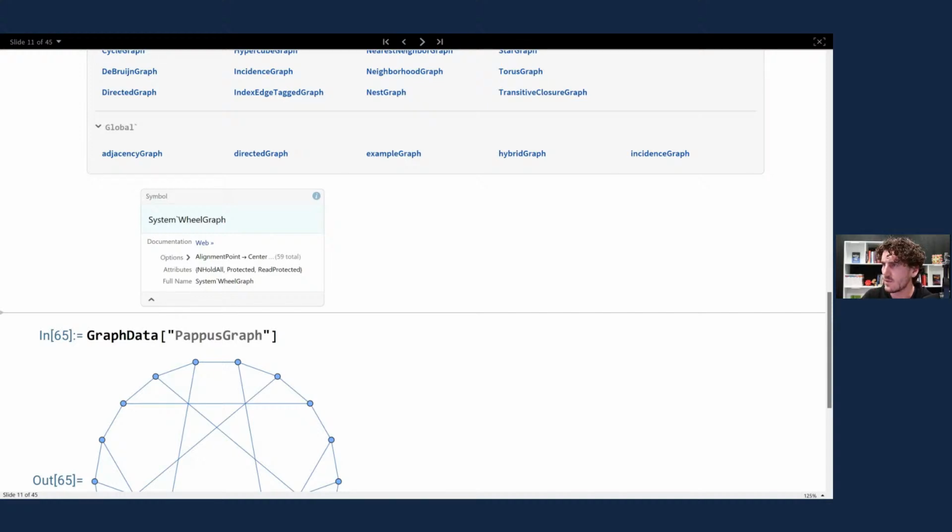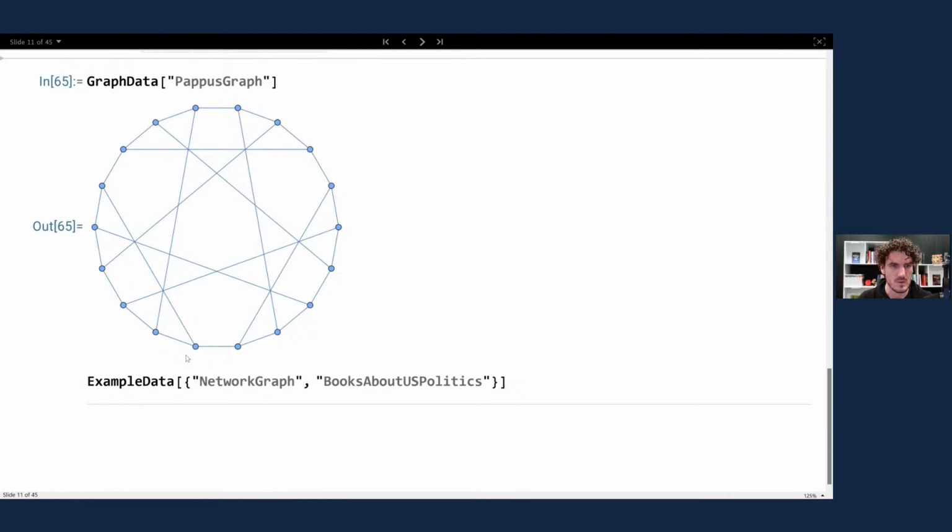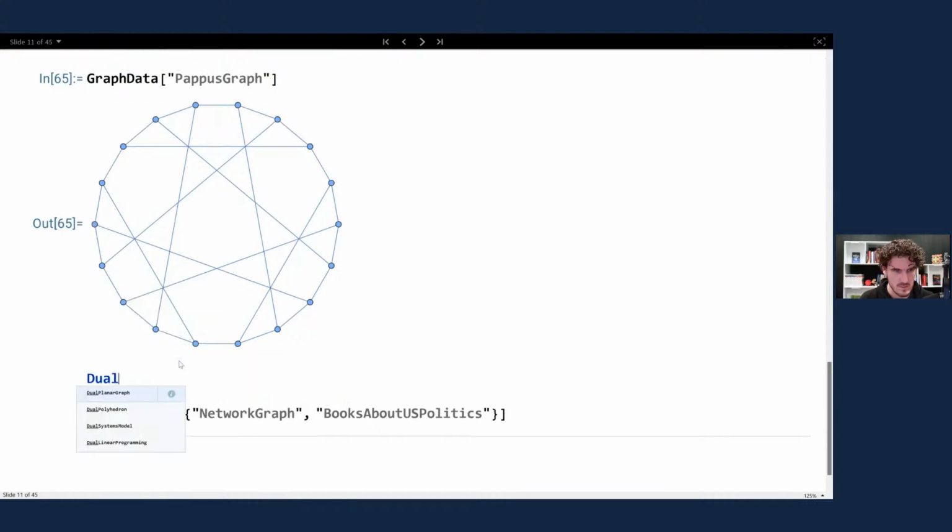Nathan has asked, is there a function that could produce a graph out of another one by taking its dual? So thank you, Nathan, for your question. Dual, I'm guessing you mean this.